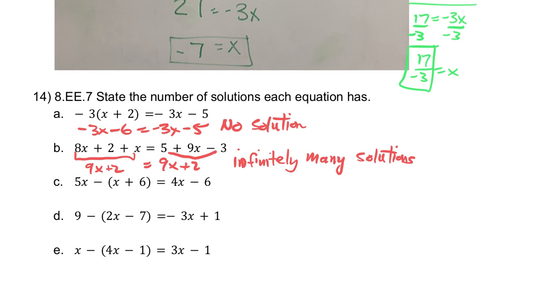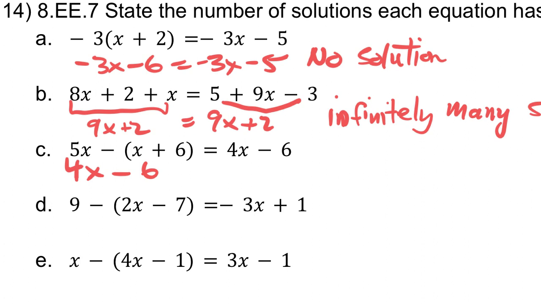And then on this one we have 5x minus x is 4x, and then minus 6, because this negative right here distributes to the x and the 6. So it'd be 5x minus x, which is 4x, and then minus 6. And then we have equals 4x minus 6. So that's infinitely many solutions.